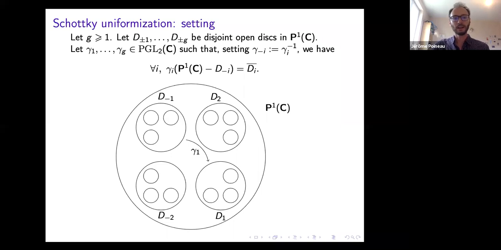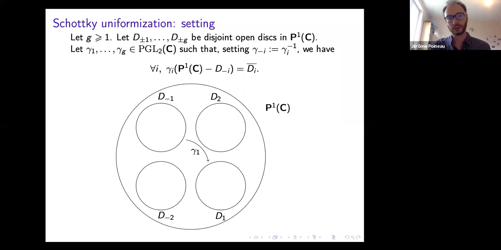What you see here is basically a fundamental domain, meaning P1 of C minus the 4 disks. And we would like to go to the uniformization. So what is the analog of C star in this picture? If we have a fundamental domain, what we need to do is let the gamma i's act on the fundamental domain and see what we get at the end.